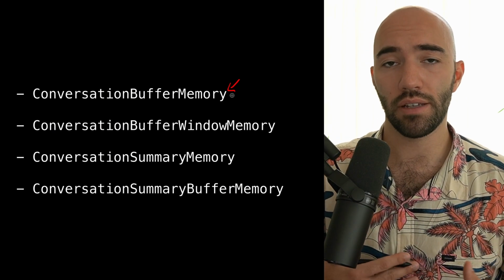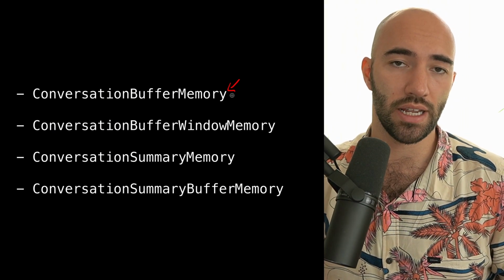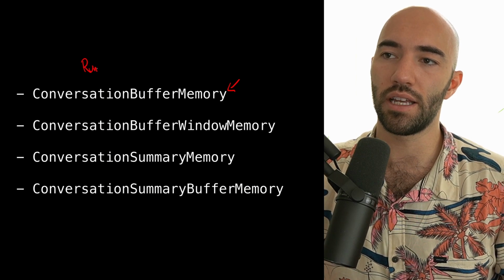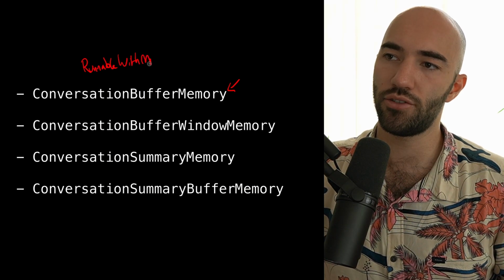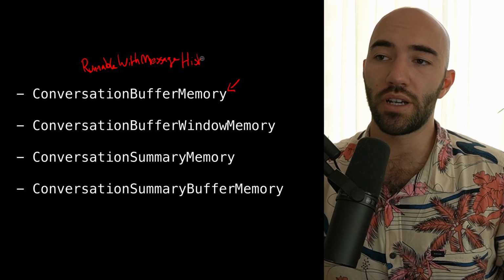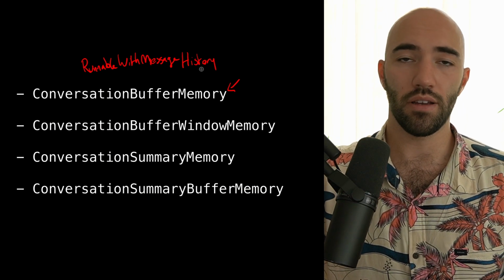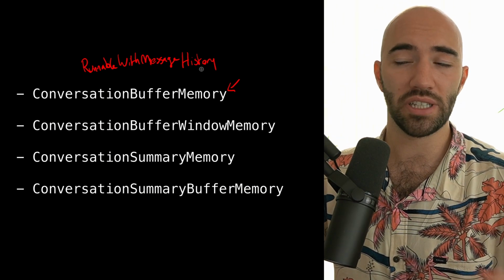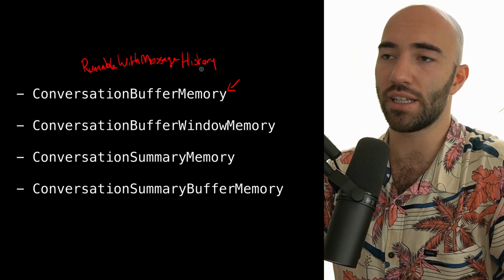But what we're really focusing on is rewriting these for the latest version of LangChain using what's called the RunnableWithMessageHistory. So we're going to be essentially taking a look at the original implementations for each of these 4 original memory types, and then we'll be rewriting them with the runnable message history class.